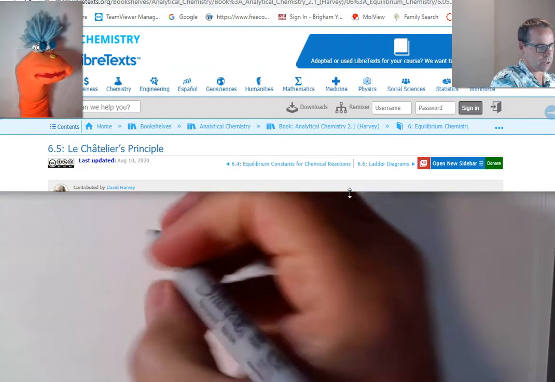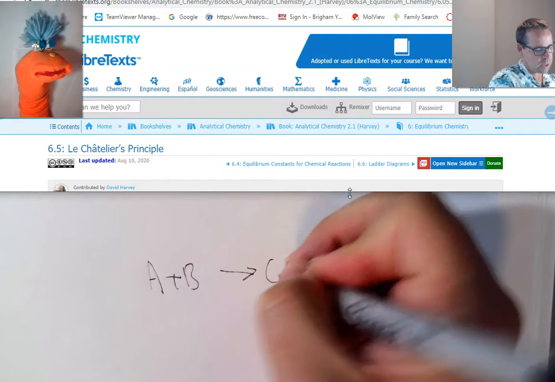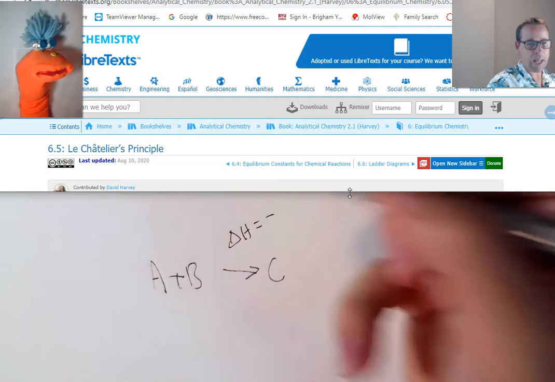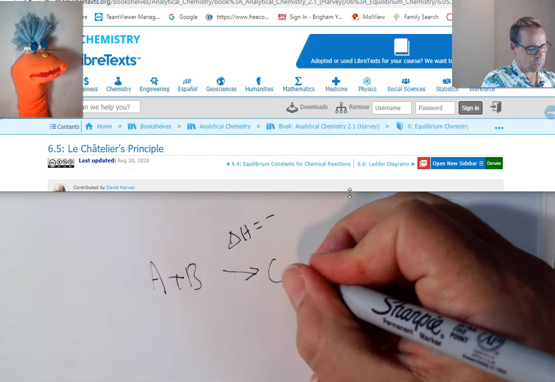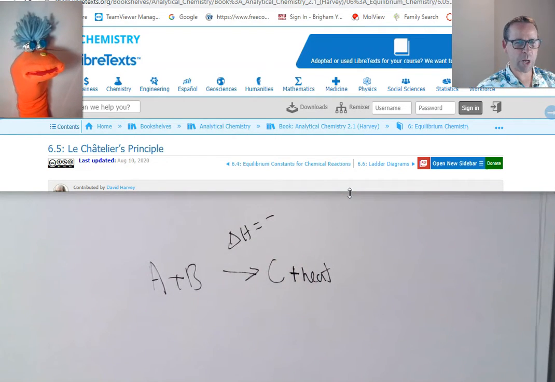So for example, here's a chemical reaction, A and B going to C. And if I say that the delta H for this reaction is a negative value, what does that delta H negative mean again? Oh, that it releases heat? That's right. Then I can write heat here as kind of a product, right?